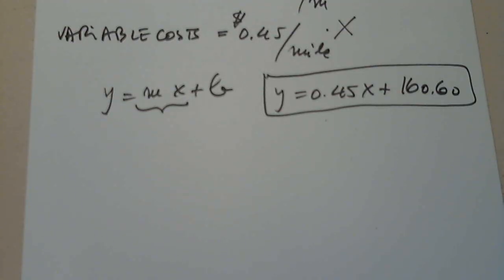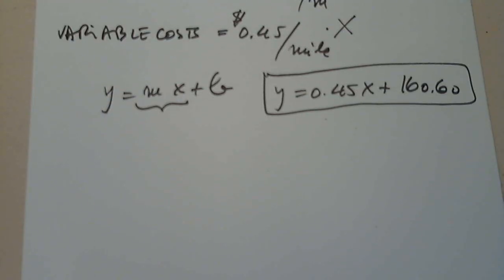The slope is only the coefficient, the number that multiplies x. Do not put 0.45x. That is incorrect. I'm not saying you are going to, but I just wanted to emphasize. Good. Now, the y-intercept is indeed the 160.60. And now let's see what they want.